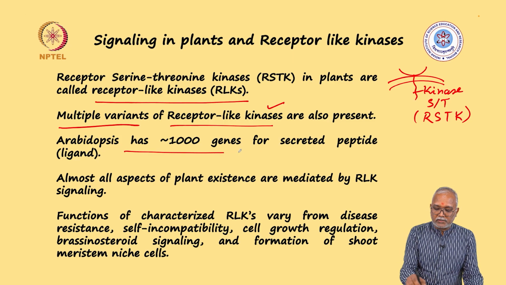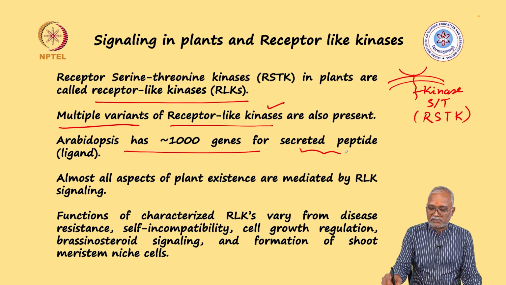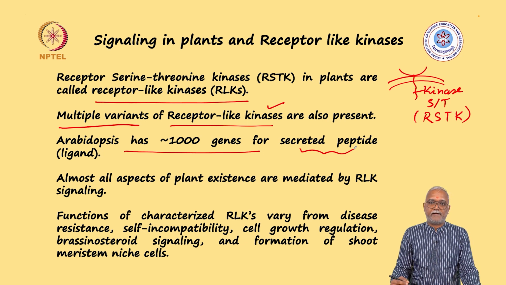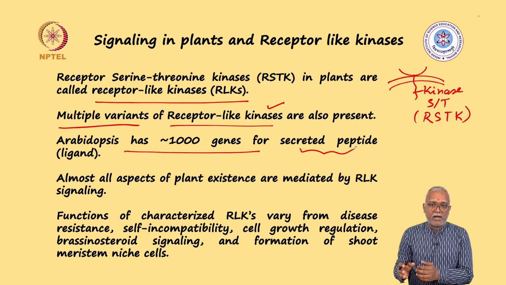As many as 1,000 genes are there which make peptides which are secreted as ligand for these serine-threonine kinase receptors. You can imagine that almost 1,600 genes are involved in coding for receptor serine-threonine kinase and receptor-like kinases, as well as the ligands which are peptidic in nature.